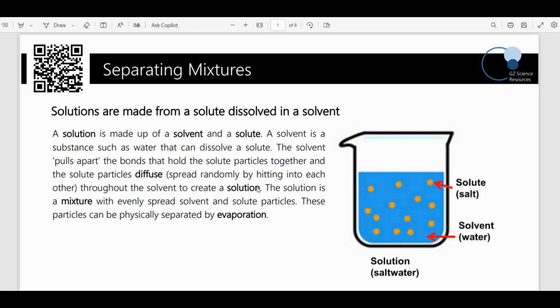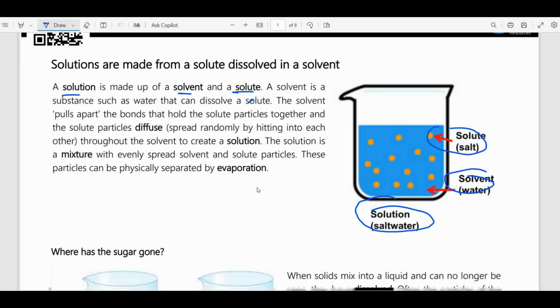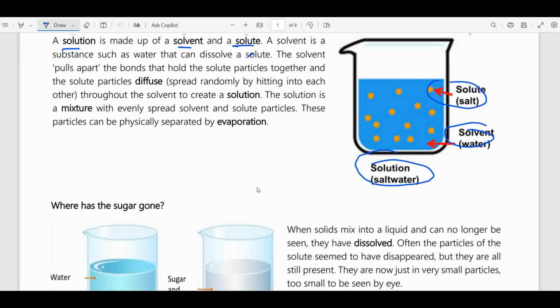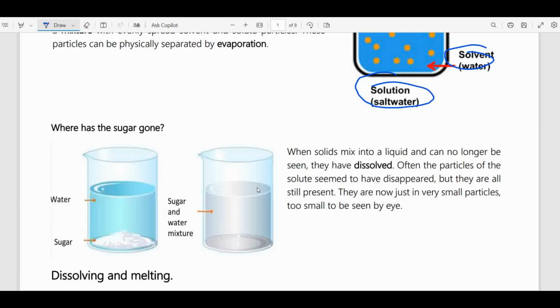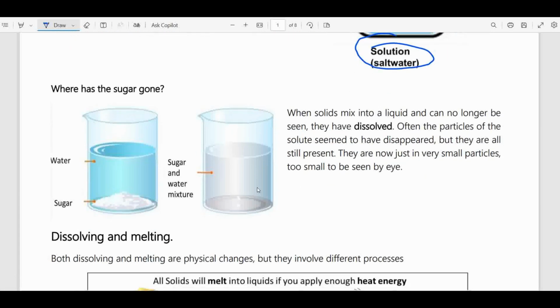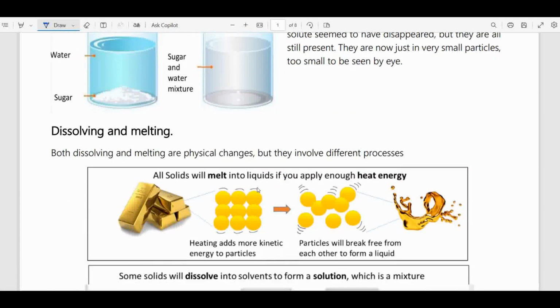We have explained the concept of solute and solvent to form a solution. So here you have your solute, you have your solvent, which is the water, and this will form the solution of salt water. Now, how can you remove the solute from the solvent? We mentioned that you can use the method of filtration.